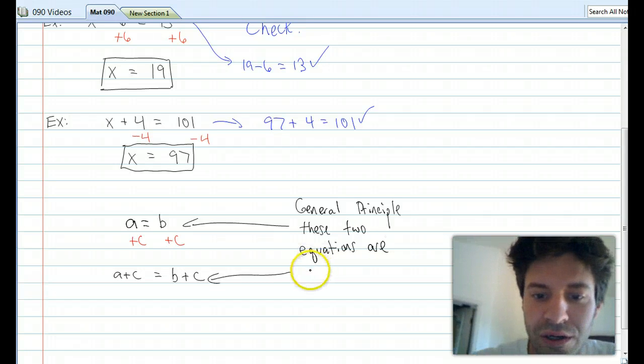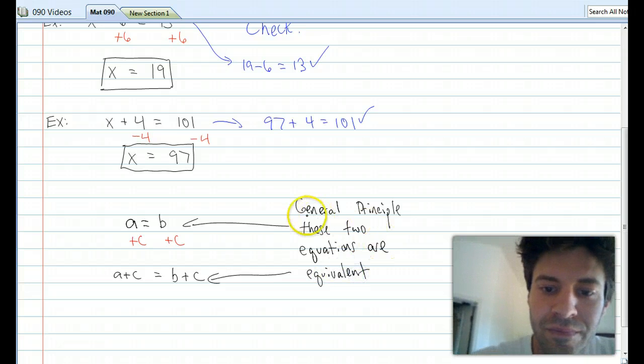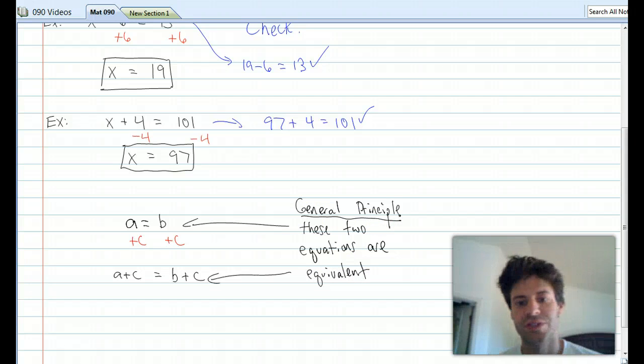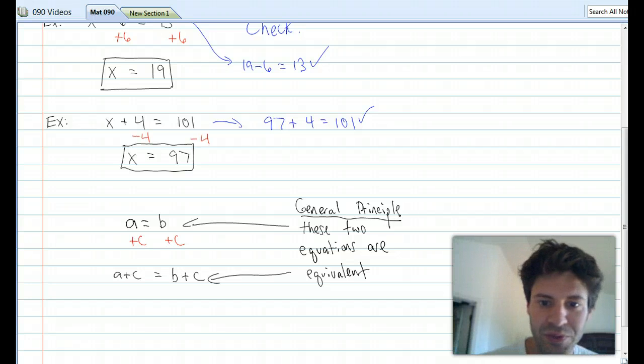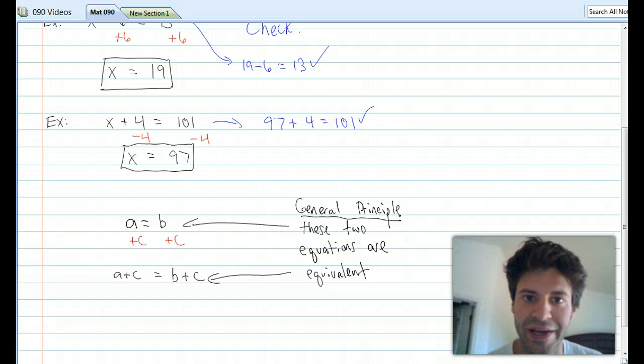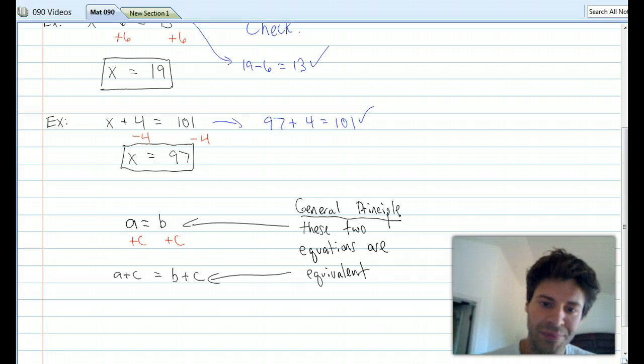These two equations are equivalent. That's the general principle. You'll probably see that formula in your book somewhere, so try not to be confused by it. It's really very simple. It just uses confusing letters.